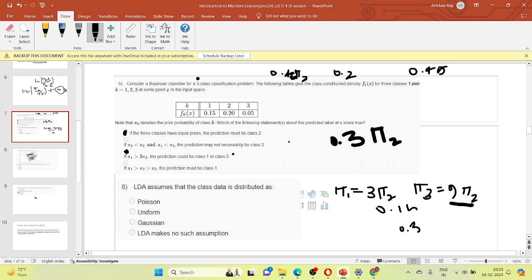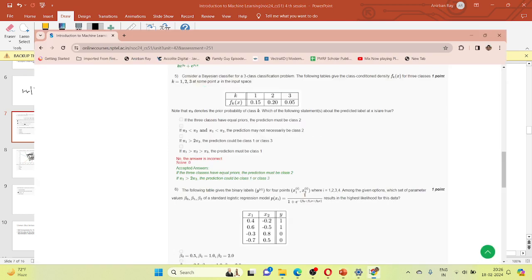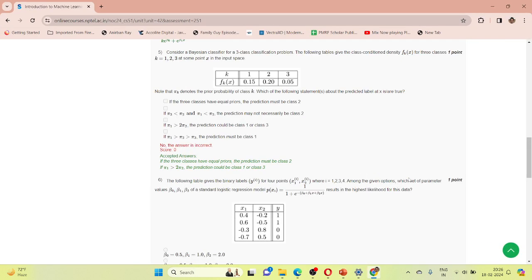So is that answer correct? Yes, it is correct, since there is no information here. Maybe class 1 or maybe class 3, not sure. Got it, okay, sir. But there is no information given about pi 3.